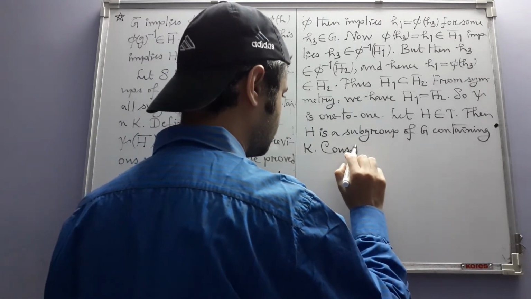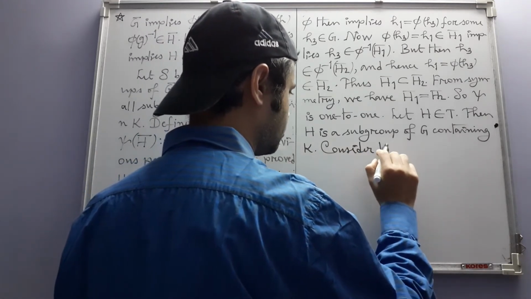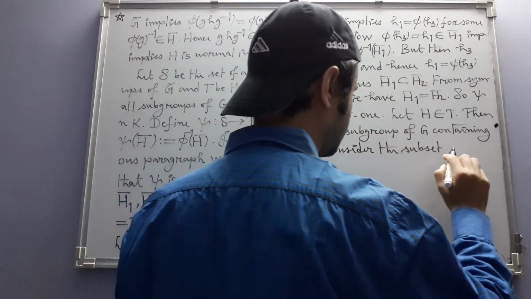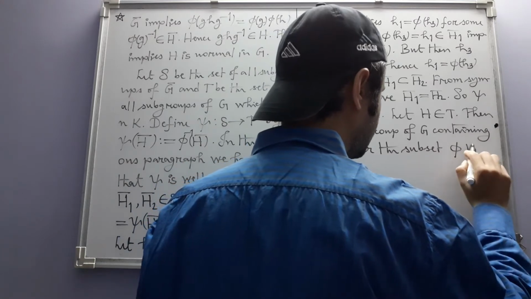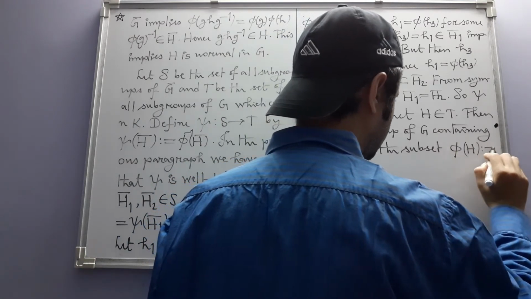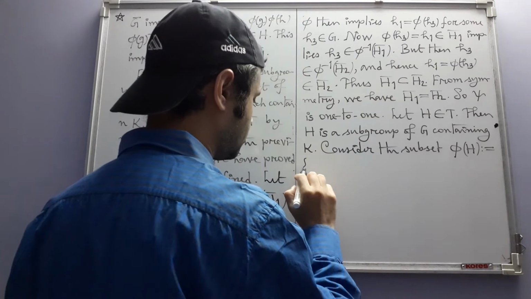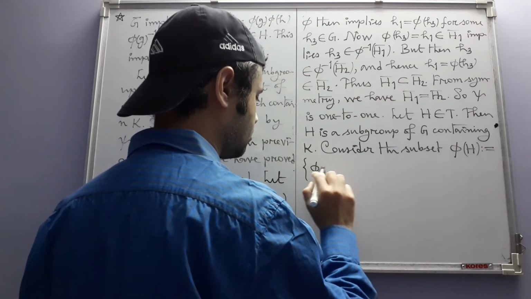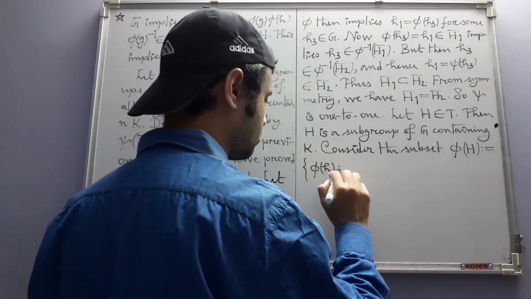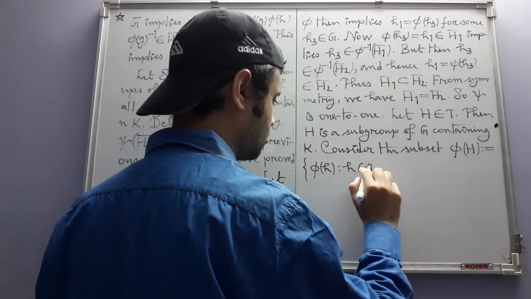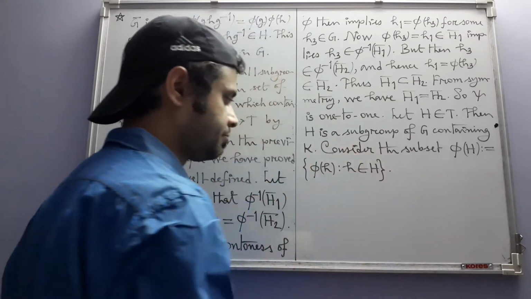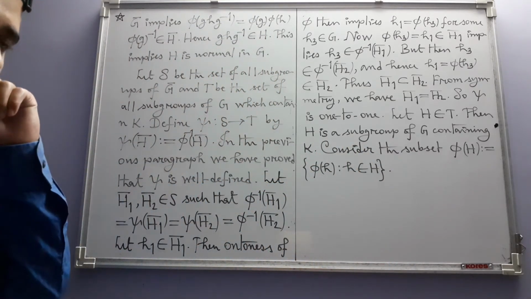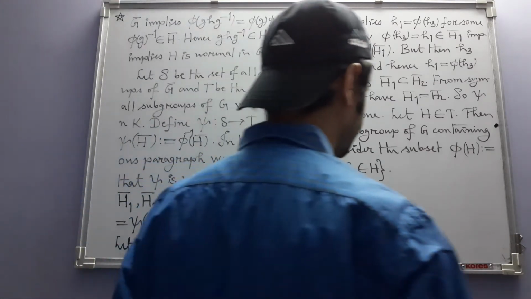Consider the subset phi of H. It's the image of the subset H under phi, ordinary image, not inverse image.